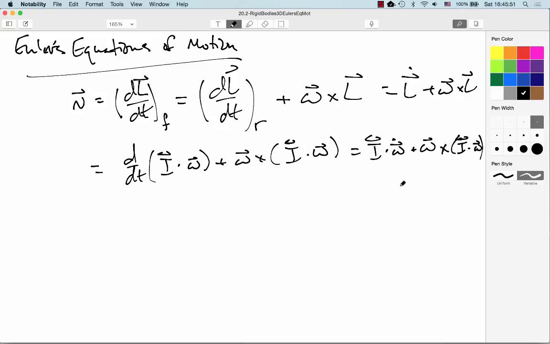All right, now since we've already gone to the effort of putting this into a rotating coordinate system, it's going to make some sense to go ahead and choose the principal axes as our coordinate system to make things even a little easier for us.